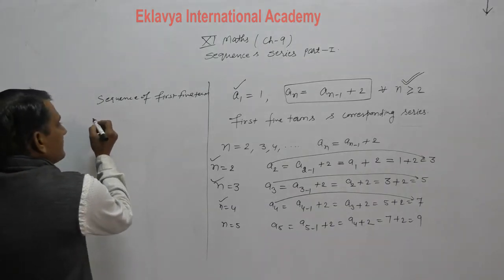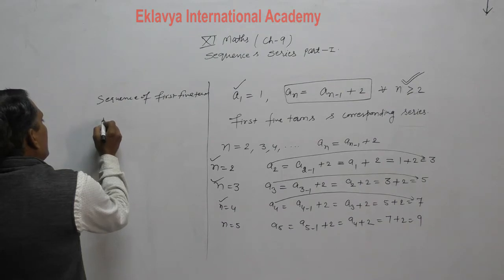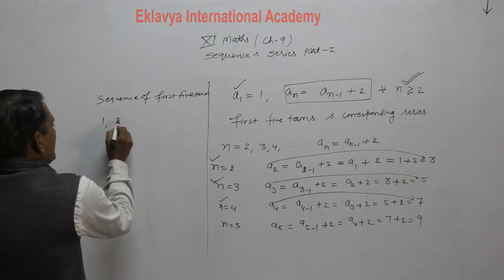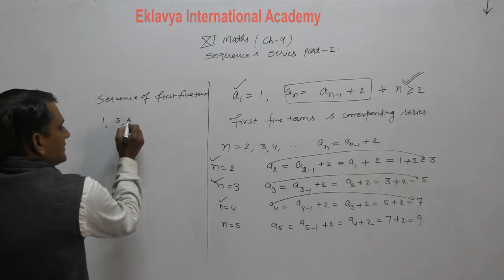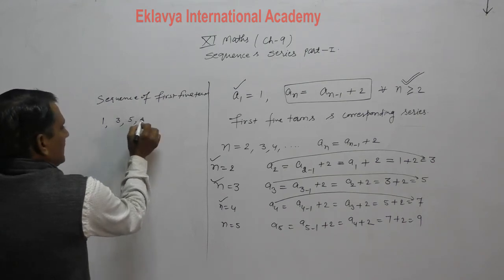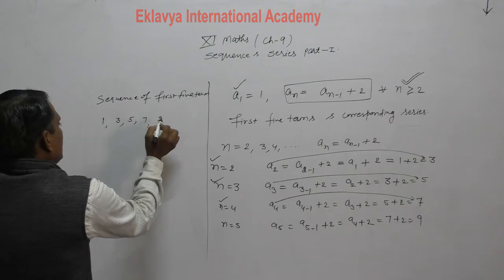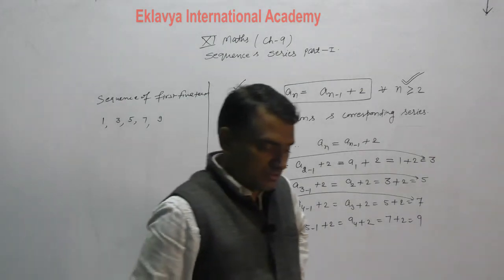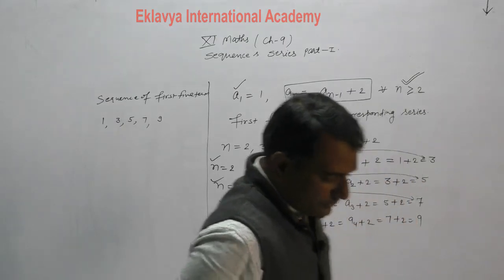The sequence of the first 5 terms is 1, comma, 3 and a3 that is defined 5, and next 7 and then 9. These are the first 5 terms.